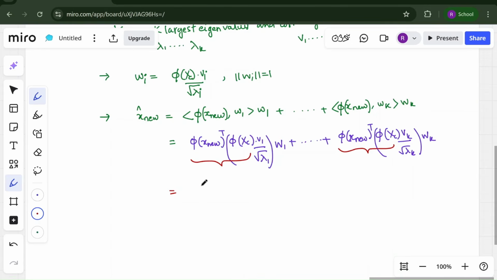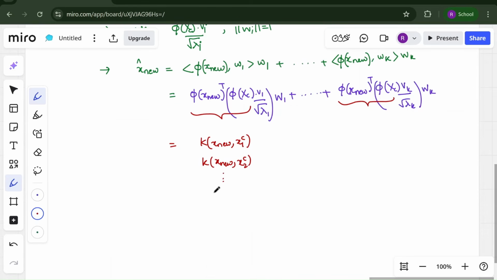This is nothing but k of x new with x1c, where x1c is the centered x1 data point, then k of x new with x2c, and all the way to k of x new with xnc. You can think about this as a vector.